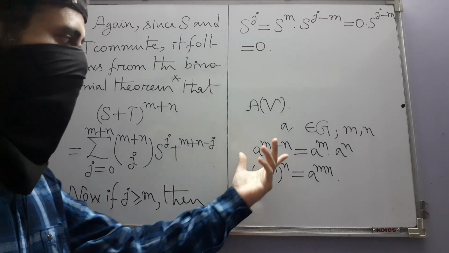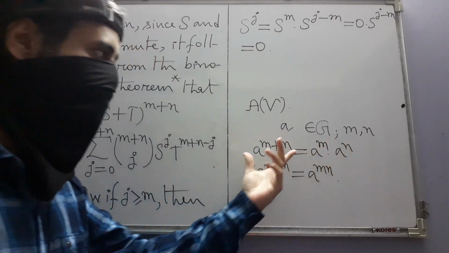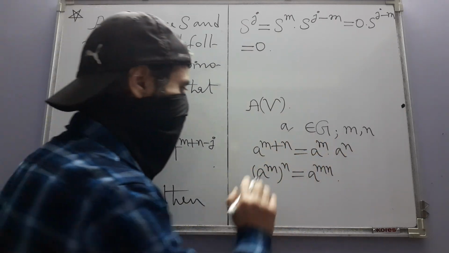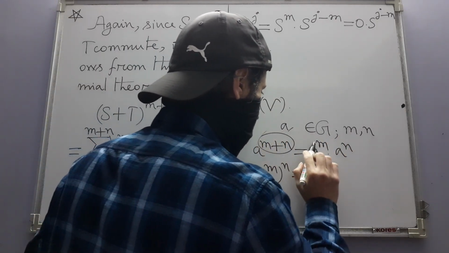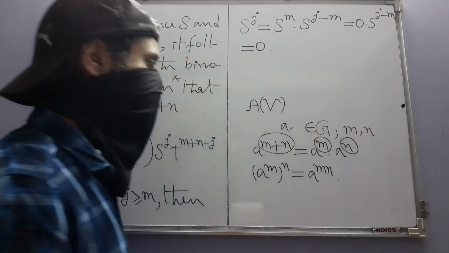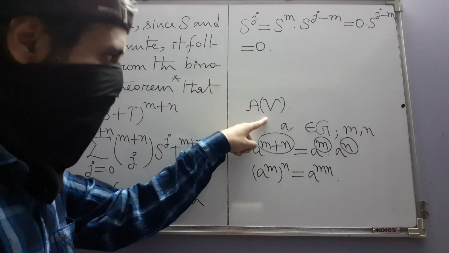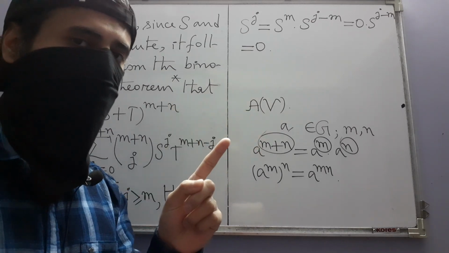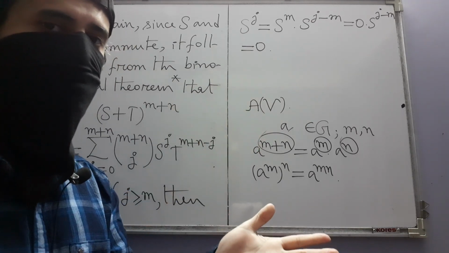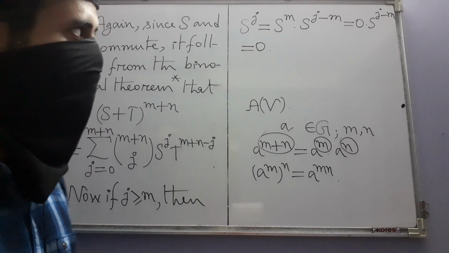However, still this rule will work provided the exponents are all positive integers, or if our ring has a unit element, then the exponent is allowed to be 0 also.